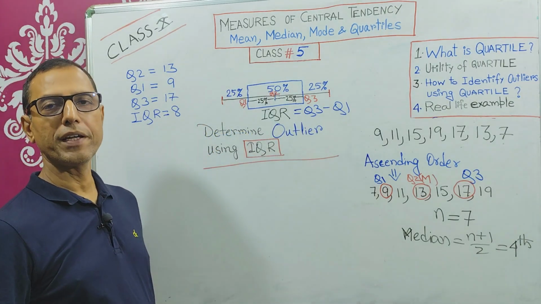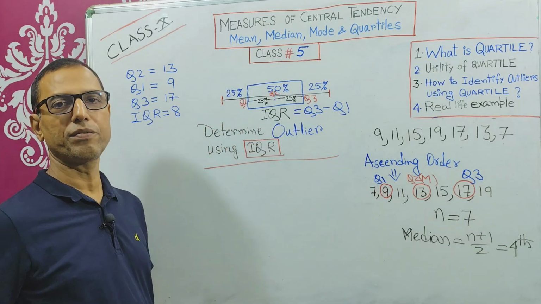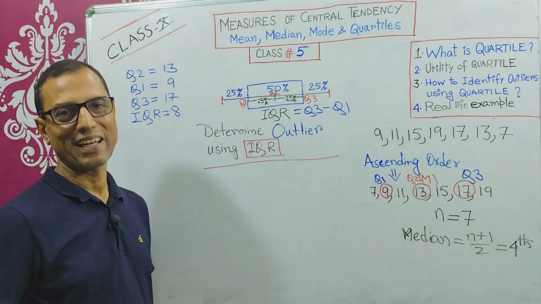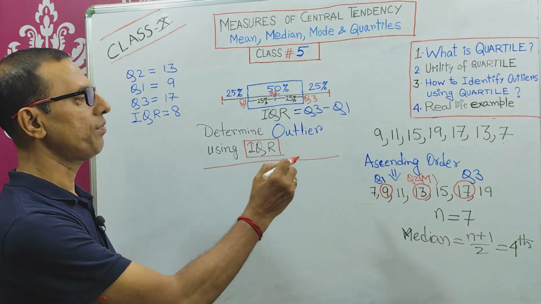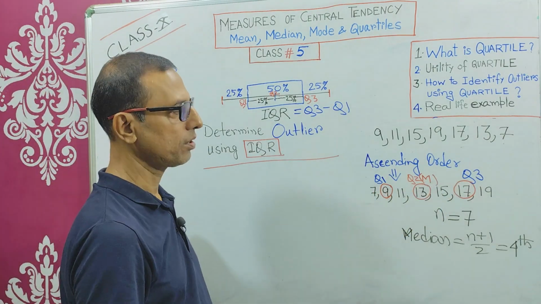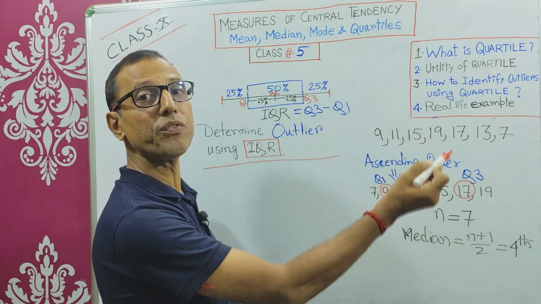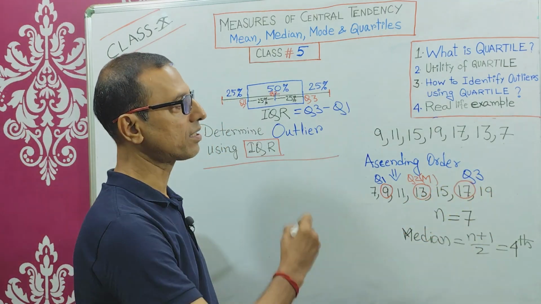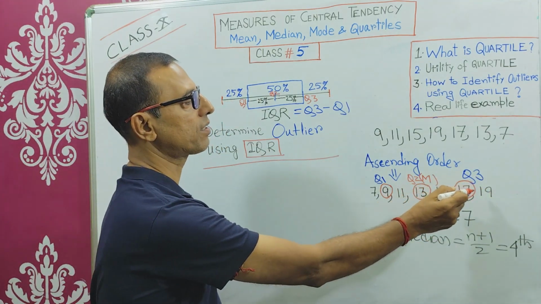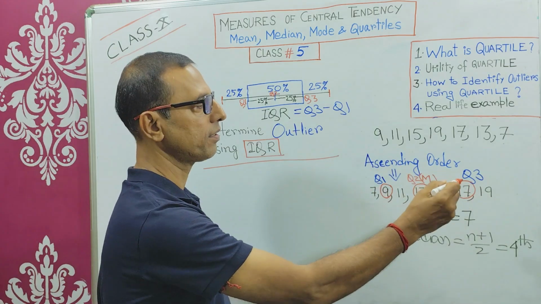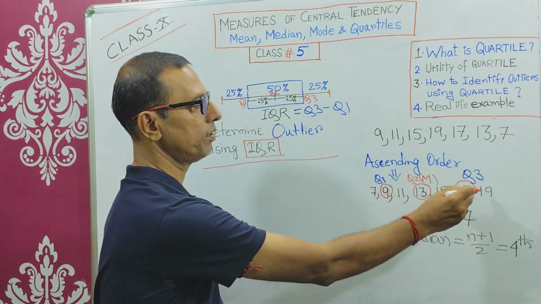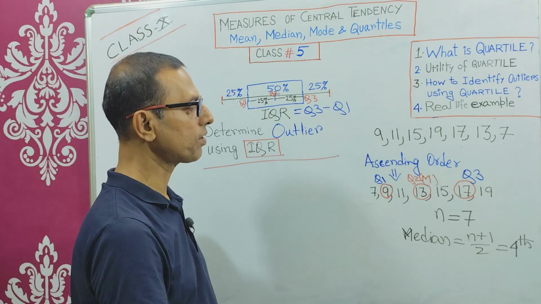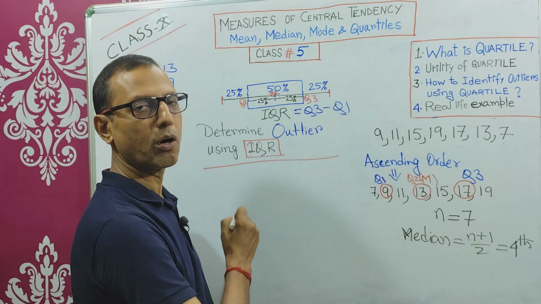Outlier you already understood in the earlier video. What is an outlier? In a given set of observations, if there are any extreme values, much higher than the highest value in this observation, or much lower.